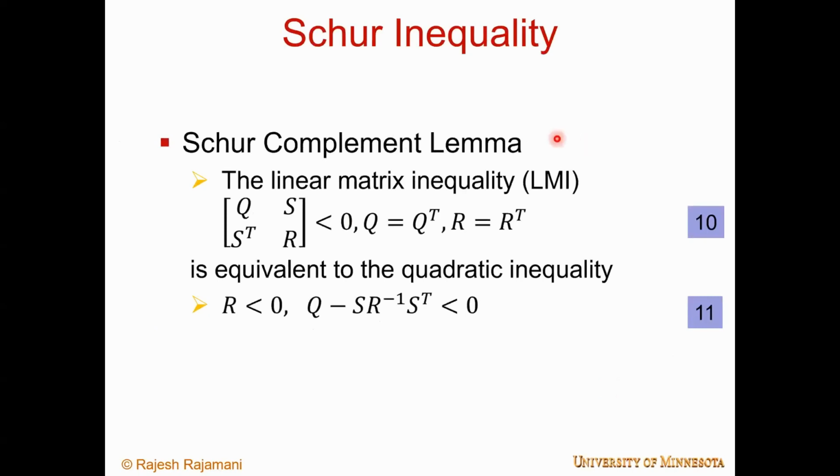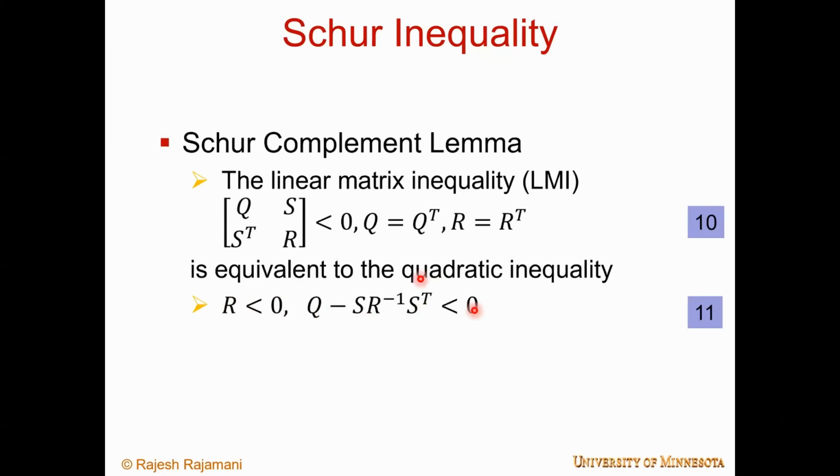The Schur complement lemma is as follows. This LMI, the matrix with blocks Q, S, S transpose, R, is obviously a symmetric matrix. Q is assumed to be symmetric, R is assumed to be symmetric. This LMI, this is a linear matrix inequality, is equivalent to a quadratic inequality: R is less than 0 and Q minus S R inverse S transpose is less than 0.